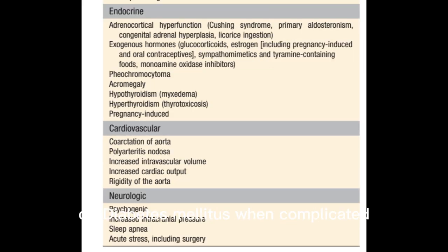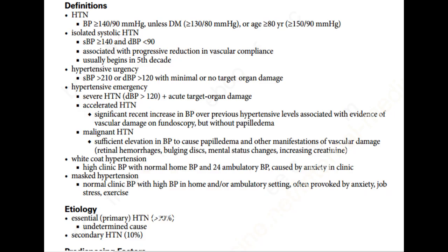Diabetes mellitus, when complicated by diabetic glomerulosclerosis, can cause hypertension. Other causes include coarctation of the aorta, which causes hypertension limited to the upper body; CNS disorders, especially brain tumors; and drugs and chemicals, notably amphetamines and steroids.